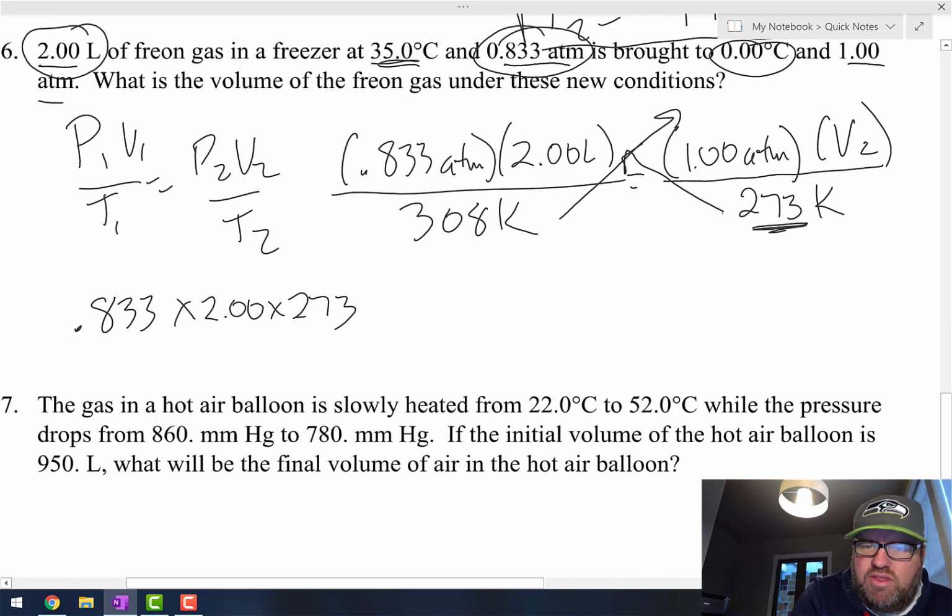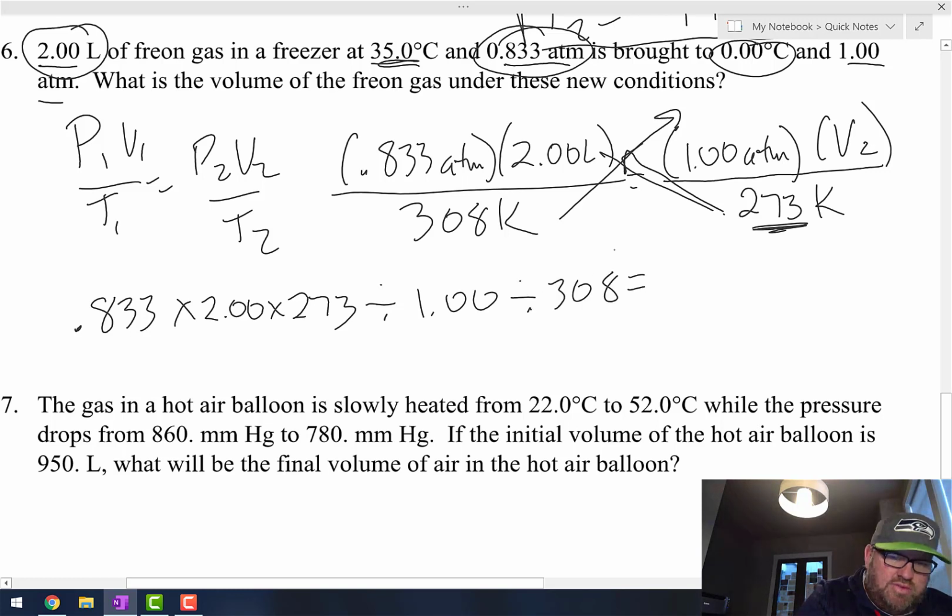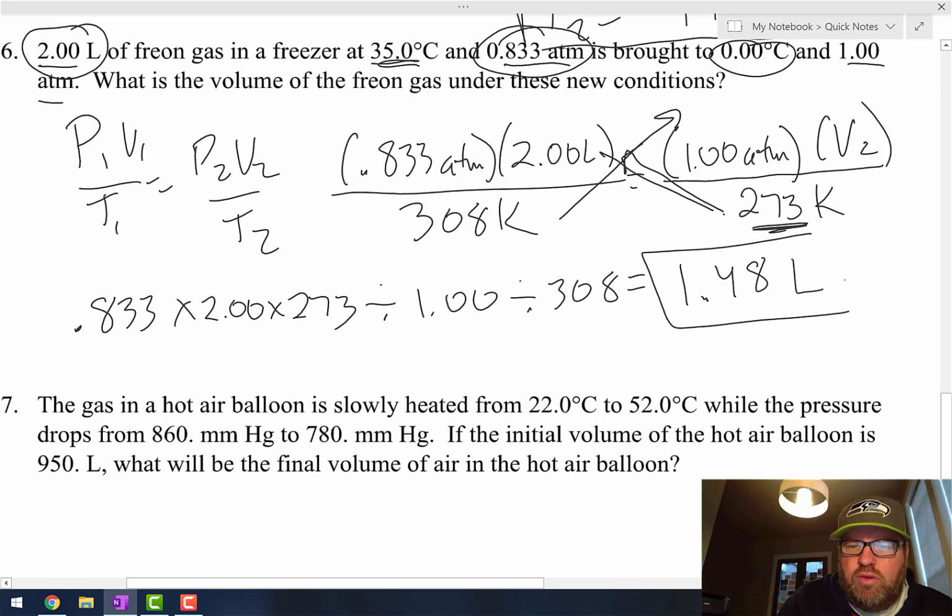Remember that 273 went up here, divided by 1.00 divided by 308. So 0.833 times 2 times 273 divided by 1 divided by 308 equals 1.48. And they're asking for the volume, so that's 1.48 liters. Okay.